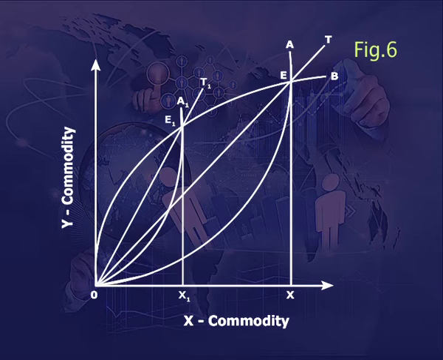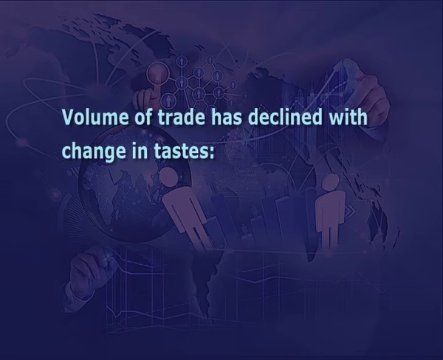Thus, at its new equilibrium point E1, where the offer curve OA1 cuts the offer curve OB, country A exchanges OX1, its exportable commodity X, for X1E1 of Y. As a result, its volume of trade has declined with change in tastes.